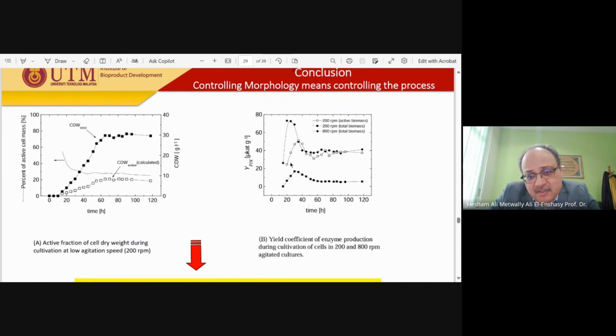And when I consider the active biomass, it gives the same value as 800. It means theoretically I'm correct and practically I'm correct. So we have active and inactive biomass. Only the outer layer of the biopellet is the productive biomass, proven by different cultivations at different RPM.